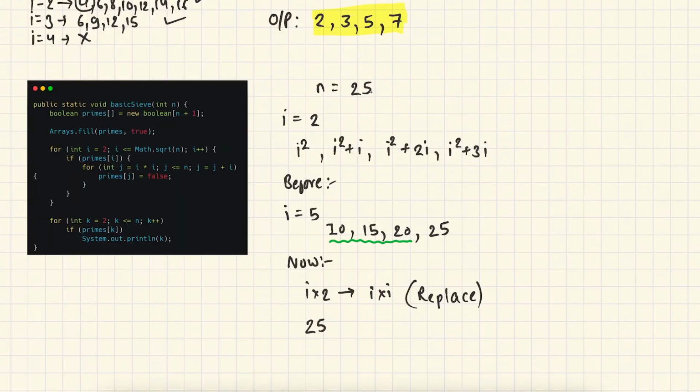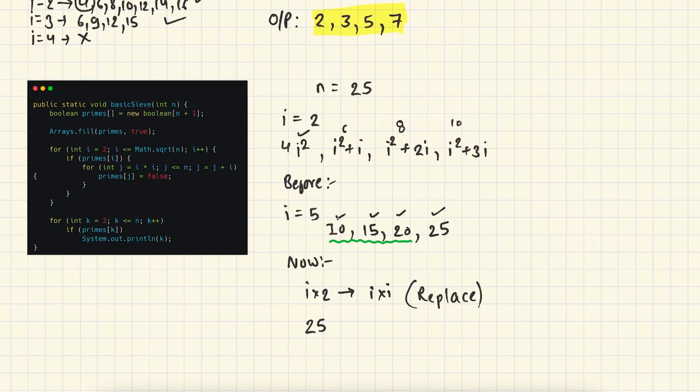So let's say if n is 25, then when i is 2, we are checking for i square. It means we are starting from 4. Then we check for 4 plus 2, 6. Then we check for 6 plus 2, 8, and then 10, right? So when we reach i equal to 5, we would be checking for 10, 15, 20 and 25.